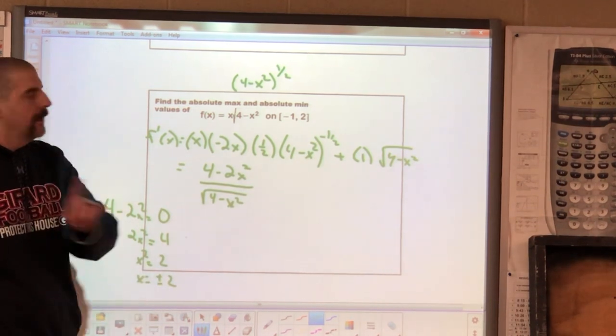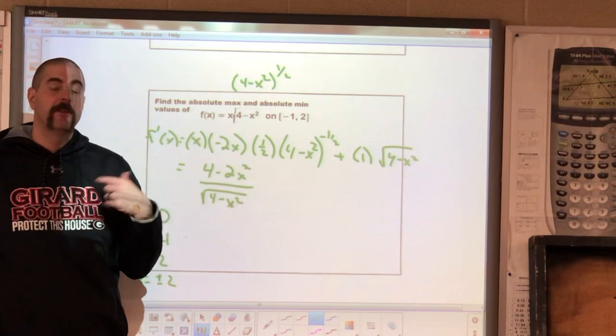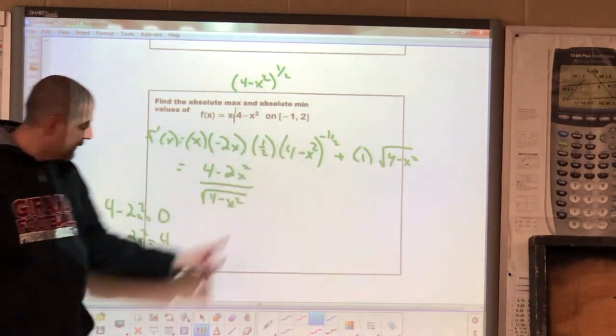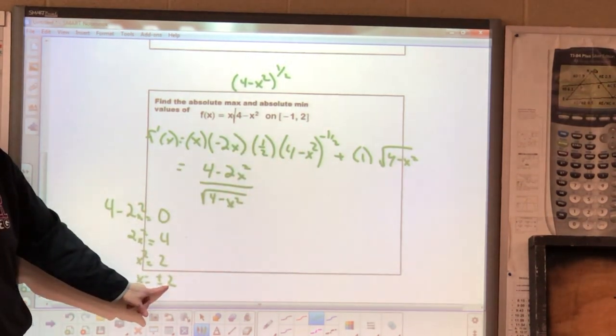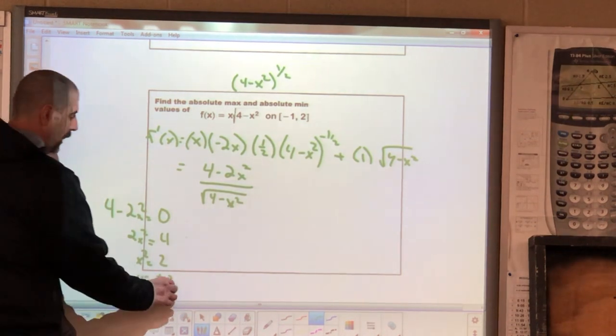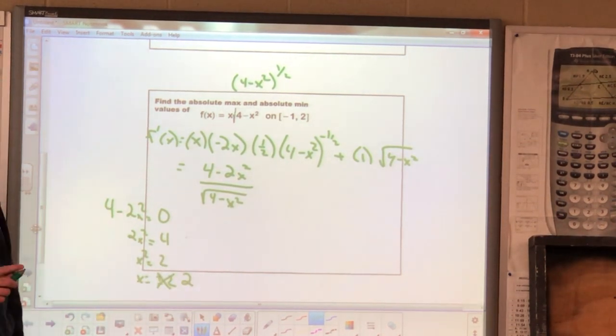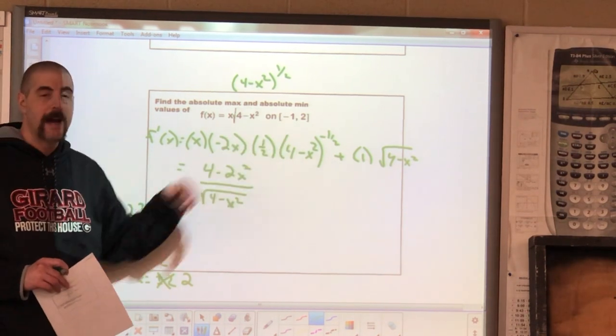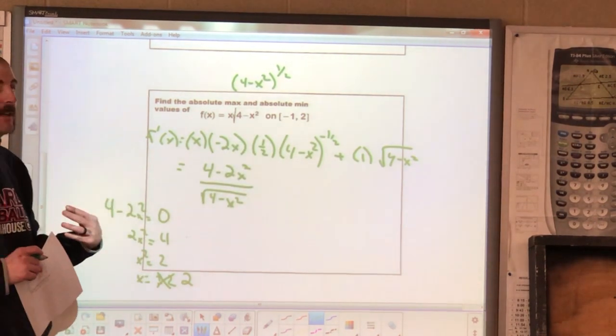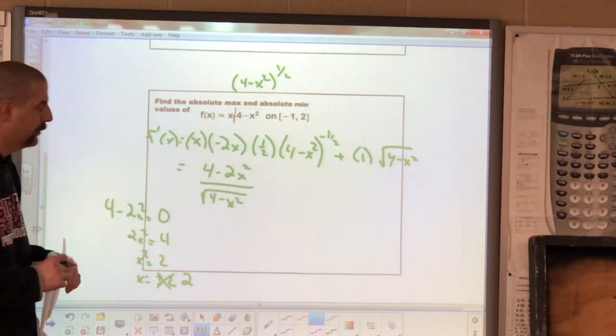Now, they give us an interval, and that's going to come into play in a minute. But before we do that, realize, is negative square root of 2 in that interval? It is not. So we automatically eliminate negative square root of 2, so the answer is just square root of 2. All right, that's always something you want to check for. That happens a lot. You're going to get something outside that interval.